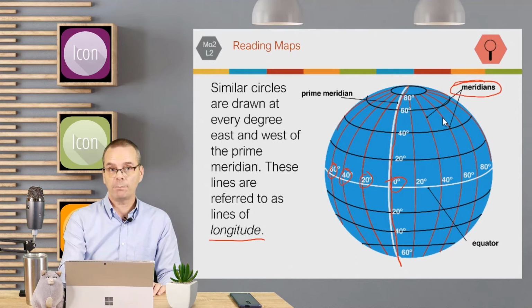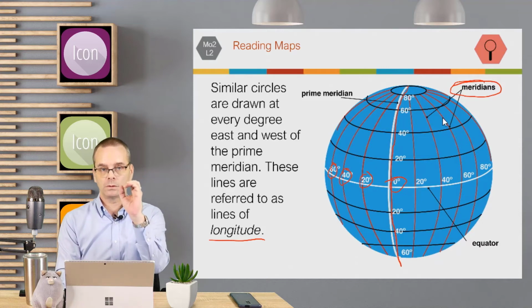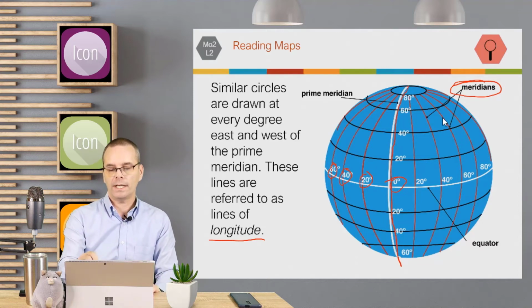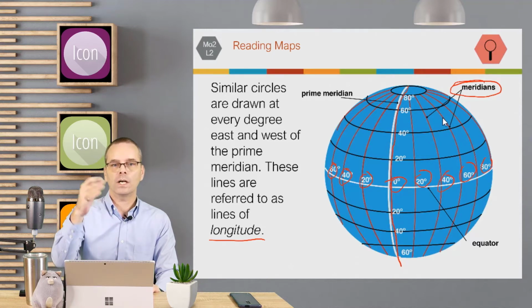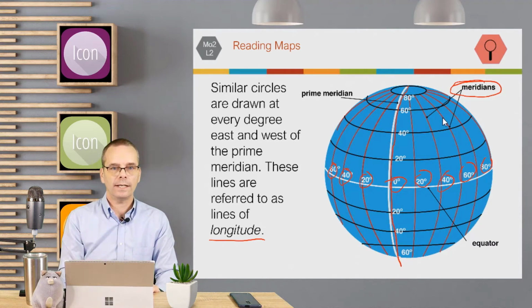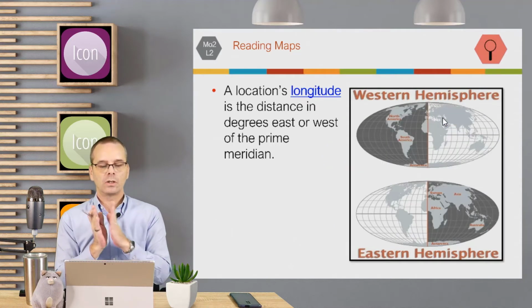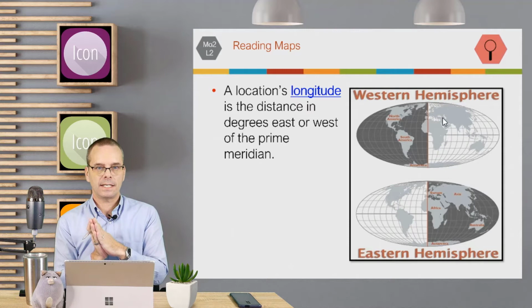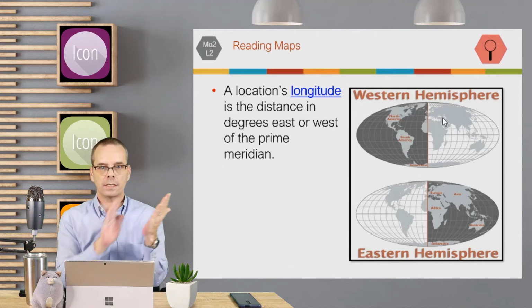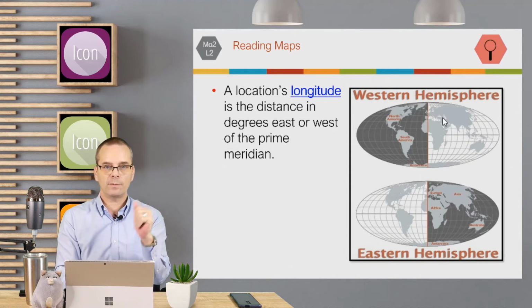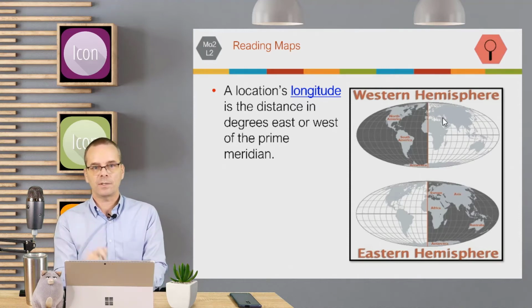You have the prime meridian, which is 0, and then the other meridians, which are 20, 40, 60, 80, 90, 100, all the way up to 180. A location's longitude is the distance in degrees east or west of the prime meridian. This is also how we divide the world into the Western Hemisphere and the Eastern Hemisphere.